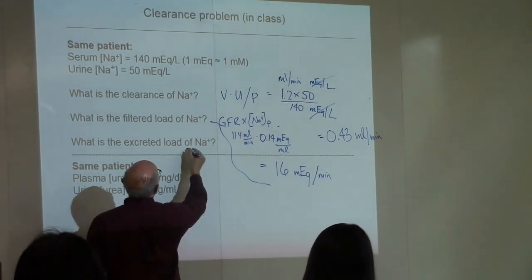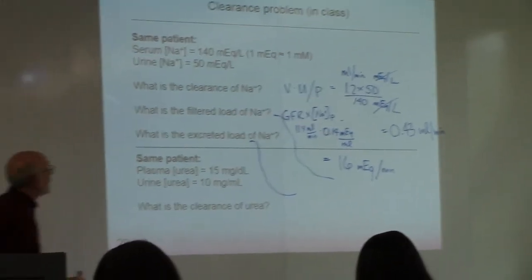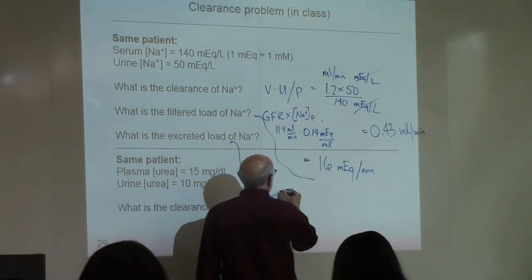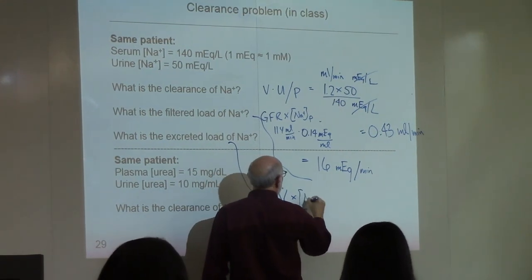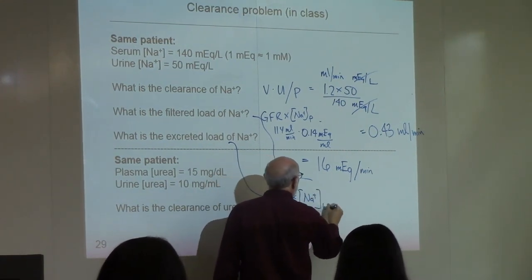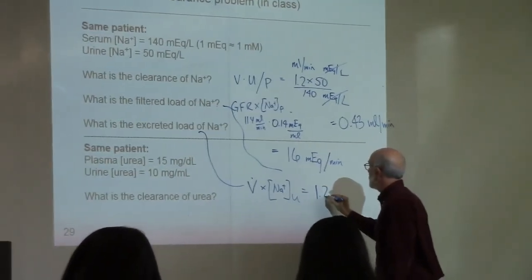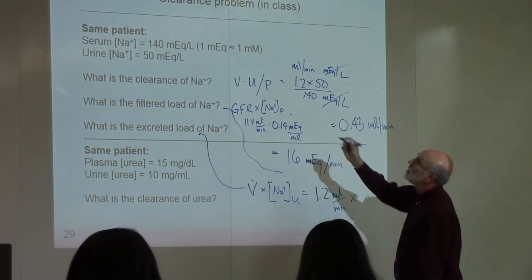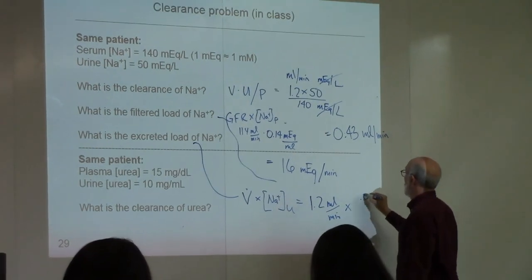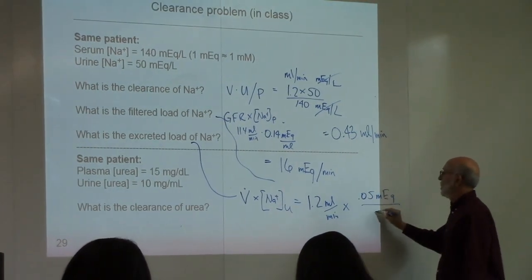So let's do the excreted load. The excreted load is the urine flow rate times the concentration of sodium in urine, which is equal to, this one has 1.2 mils per minute, times 0.05 milliequivalents per mil.